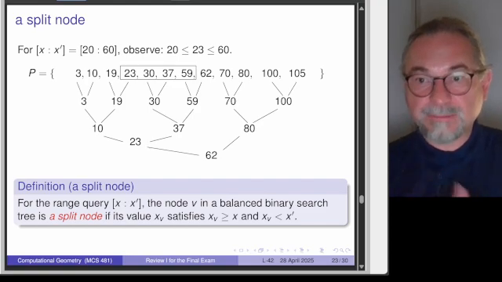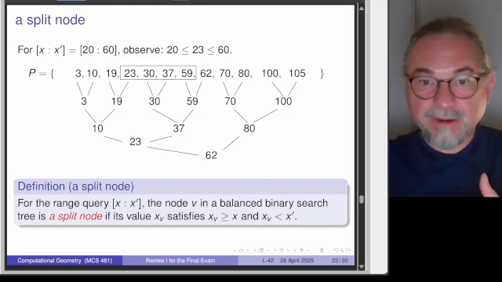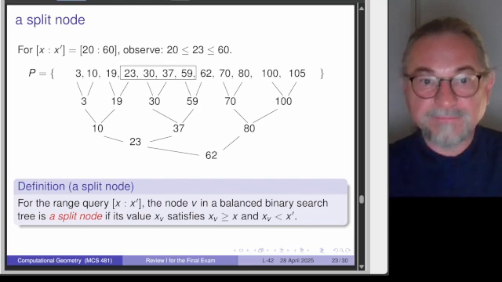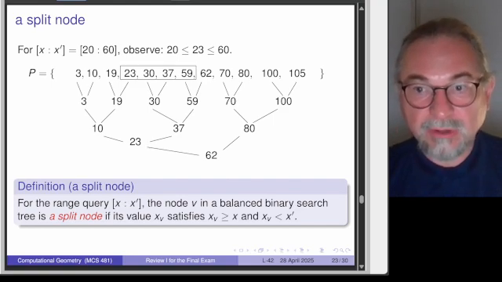So this corresponds to a binary search, which goes very quick. So in some sense, we very quickly identify a split node by either choosing the left or the right, as long as we have not yet encountered the split node.